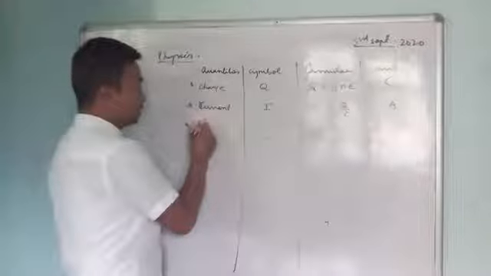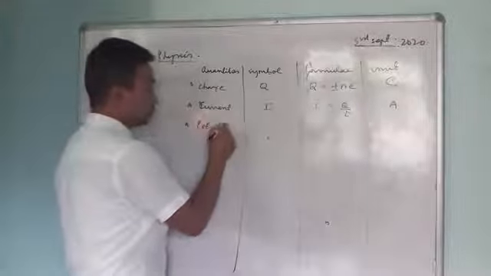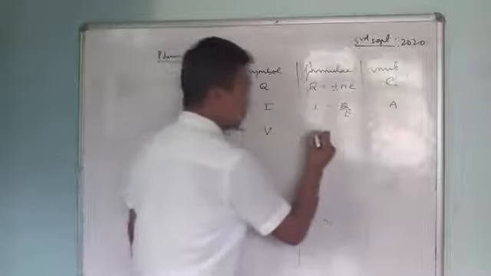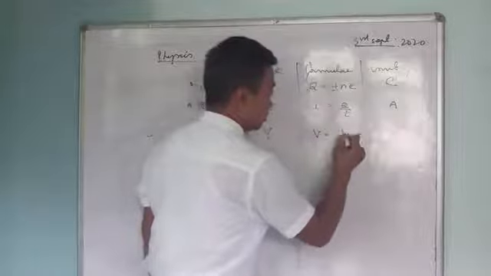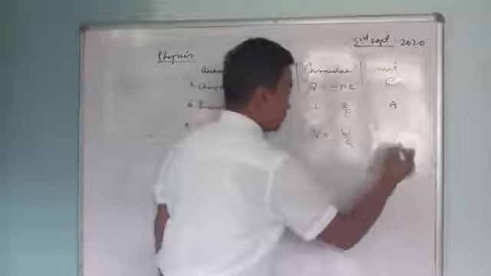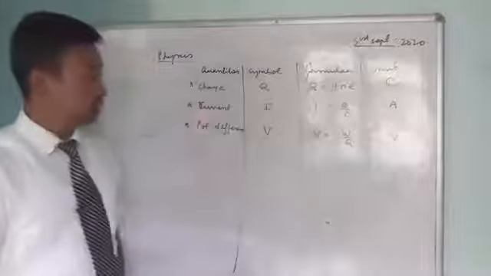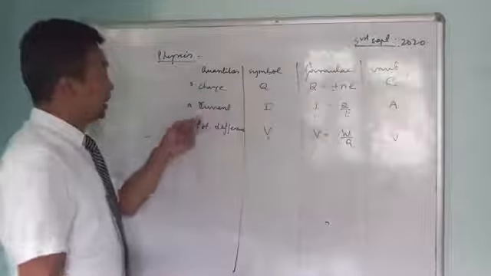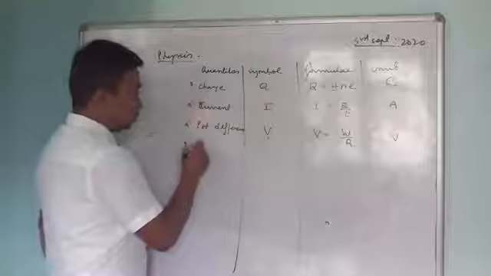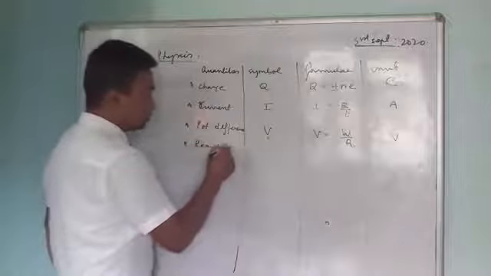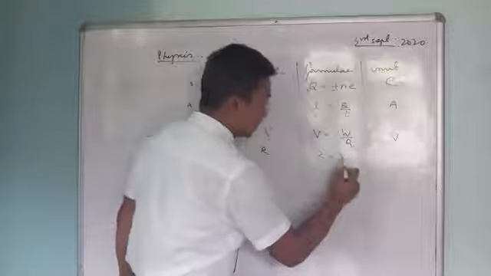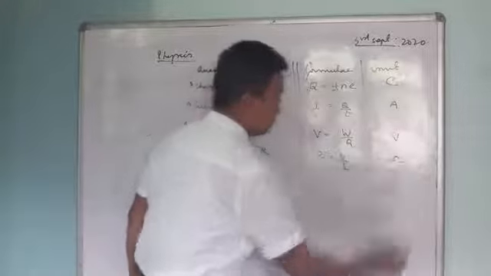The third you learned is the potential difference, or the potential. Symbol is V. The formula is work done in moving a charge. The unit is also V, but it is read as volt. Then after that we learned the resistance from Ohm's law. Symbol is R, the formula is V upon I, and the unit is ohm.